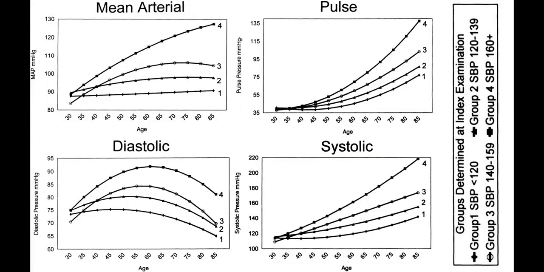So with the blood pressure monitor, I can measure my pulse pressure. This is pulse pressure, and this is systolic pressure, diastolic pressure and mean arterial pressure. I can use my systolic pressure as a parameter to estimate my biological age.